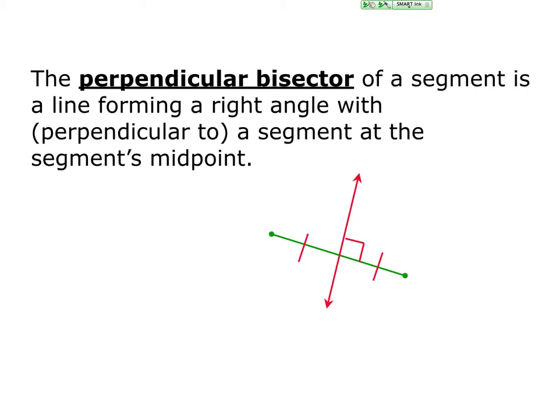So draw yourself just a little picture by that definition. A perpendicular bisector of a segment is a line forming a right angle with the segment at the segment's midpoint. So if your segment is AB, this has to be the midpoint, and it has to make a 90-degree angle.